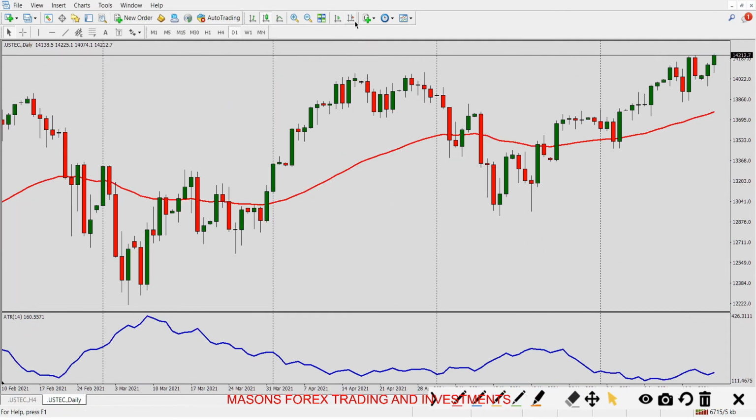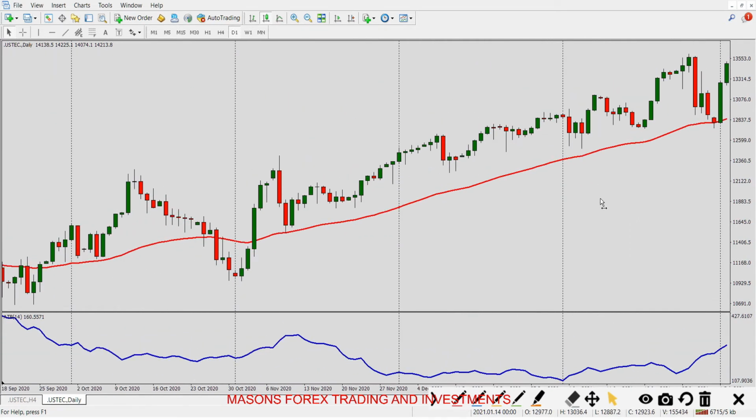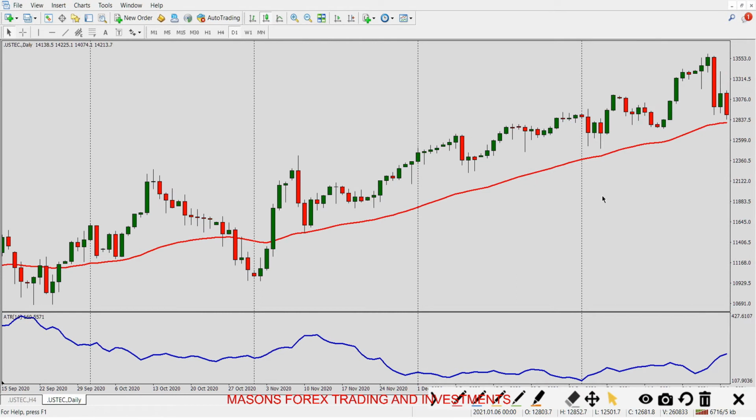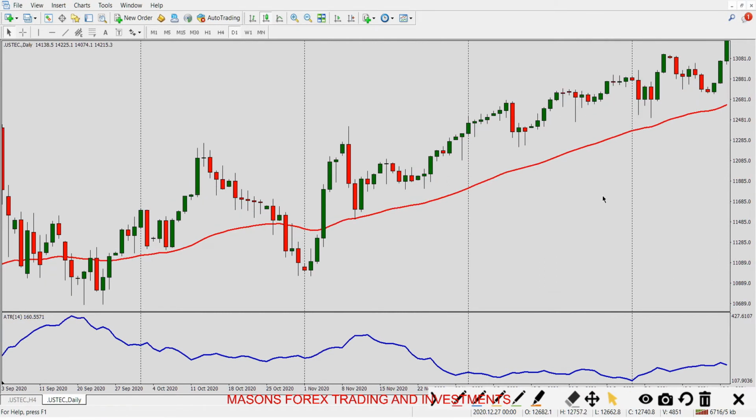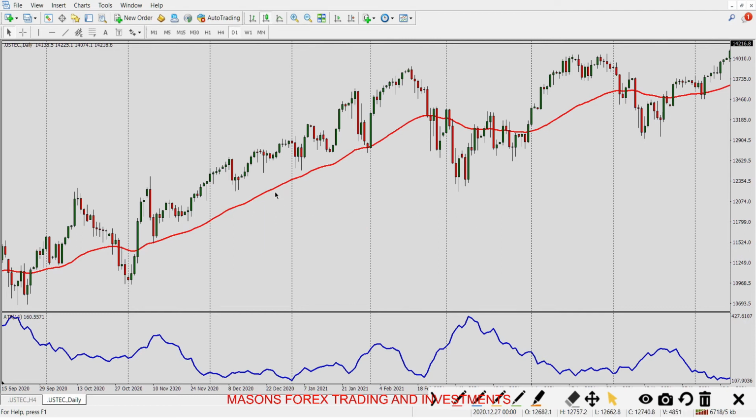Now let us see if we can find an example. Now, if you look at the charts, we also have a red exponential moving average. So it is the 50 period.